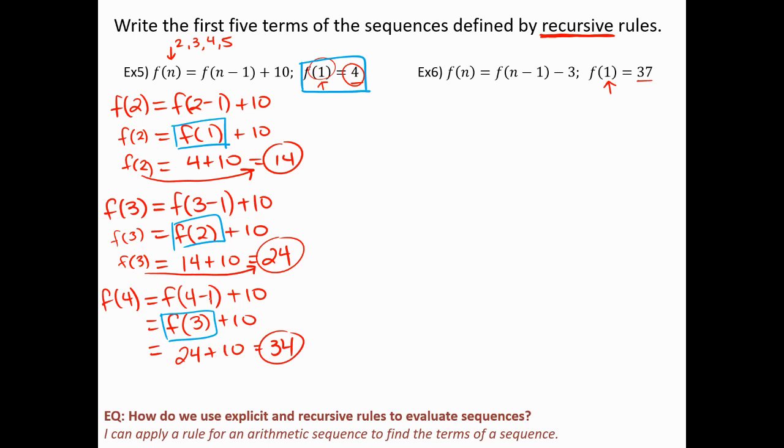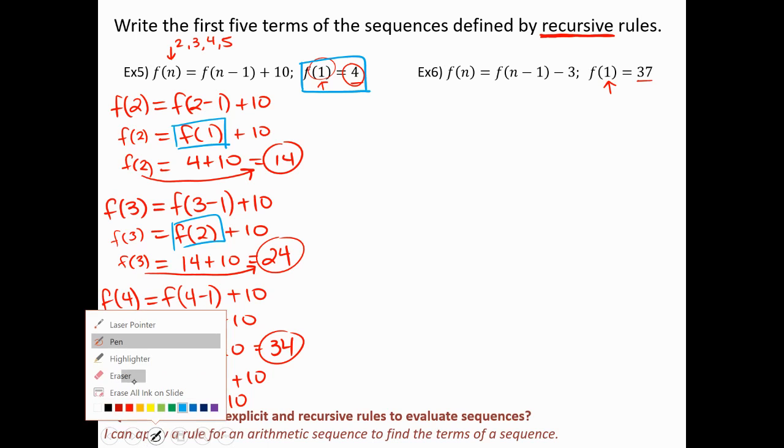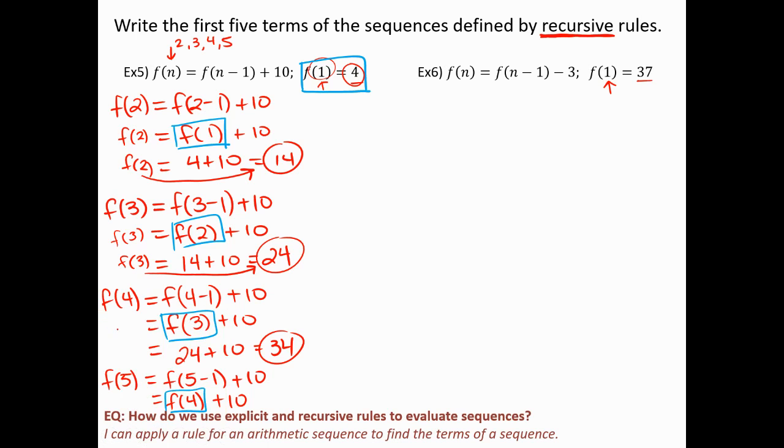And then my last one here, I'm going to do f of 5. So all the n's become 5's. And so I get f of 5 minus 1. 5 minus 1 would be 4. And then plus 10. And one more time, we get to see that pattern where the f of 4, I know what that is. I saw it in the last part here, it is the previous term.